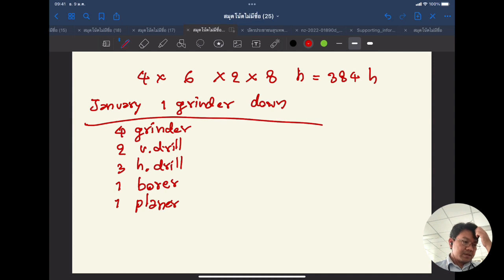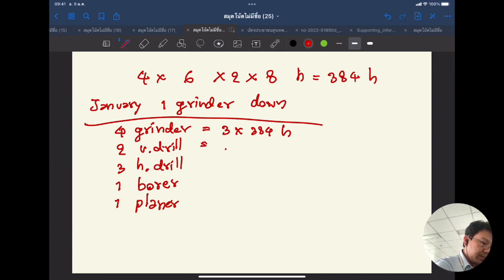So you see that in January we have 4 grinders, but 1 will be down, so we have only 3. And each machine has 384 hours. So in total in January we have only 3 grinders, and each grinder has 384 hours. That is for the grinder.